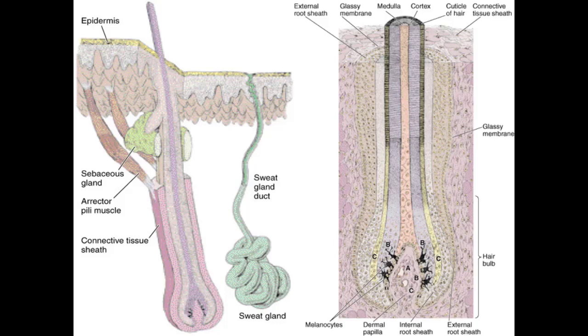So then there is a third layer called the connective tissue sheath, which is a double-layered dense connective tissue with inner circularly oriented connective tissue fibers and outer longitudinally arranged fibers.